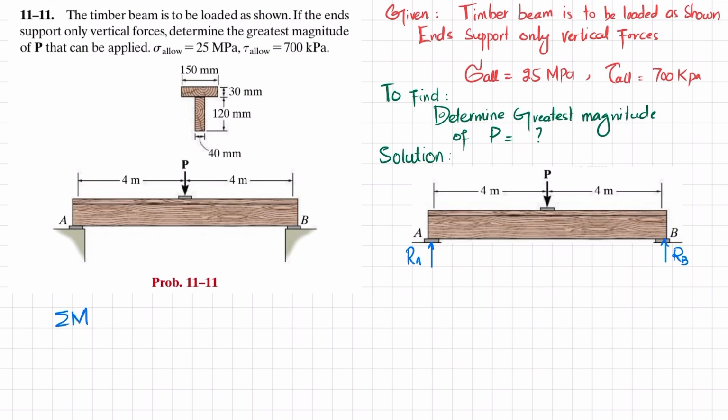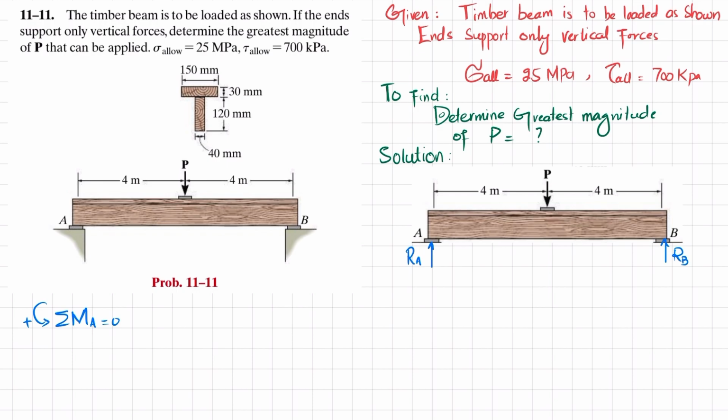First equilibrium condition is the sum of all moments about point A is equal to 0, taking the counterclockwise moment as positive. About point A, one moment is due to this P load, and the perpendicular distance is 4. This will produce a clockwise moment, so it will be negative. The second moment is due to RB times the perpendicular distance of 8 meter, and it will be counterclockwise, so it will be positive.